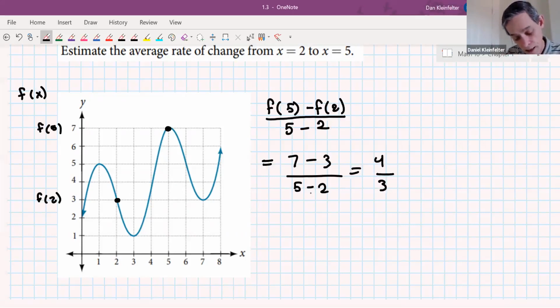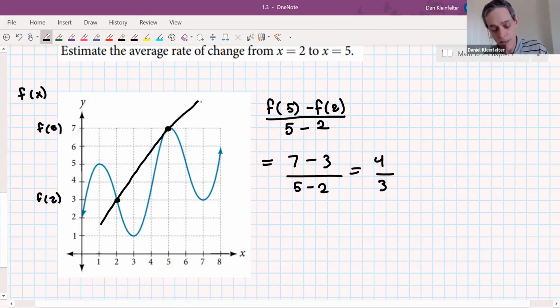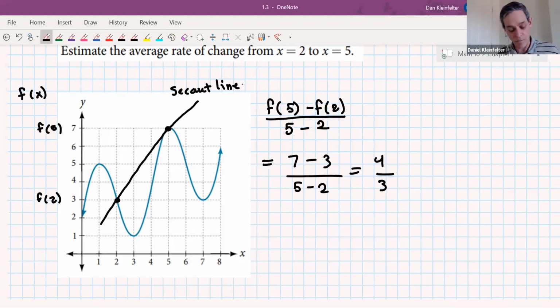This is the steepness of a line segment that joins those 2 points. Okay, that line, by the way, is sometimes called a secant line. You may hear me refer to that as a secant line, and that's why. Okay, so we've calculated the average rate of change for that function over that interval.